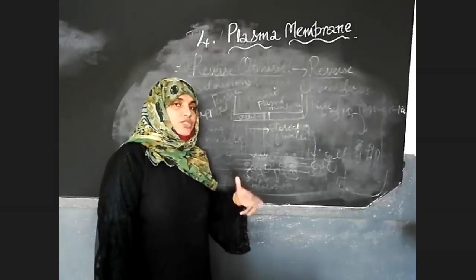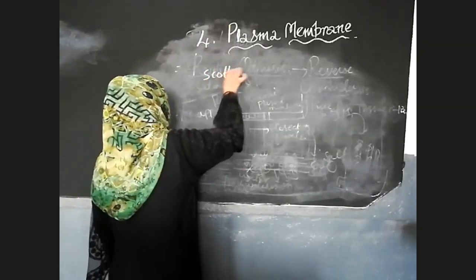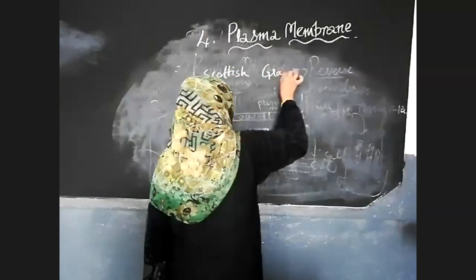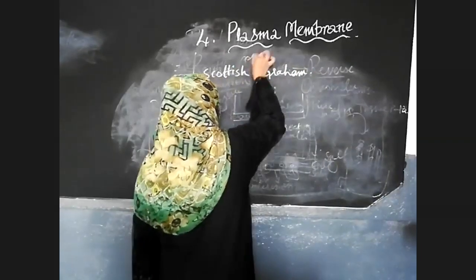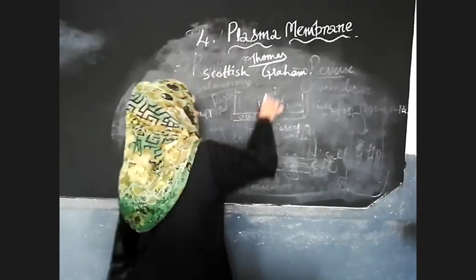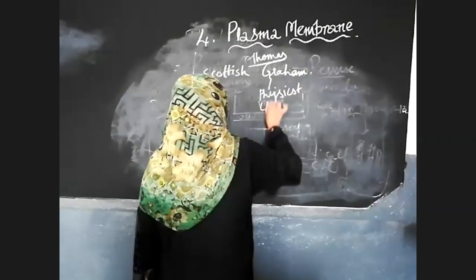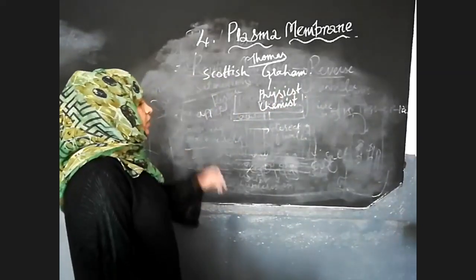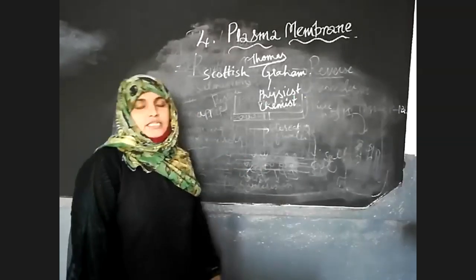So who was the scientist who worked behind this? The scientist who worked behind this is a Scottish man called Thomas Graham. He was a physicist as well as a chemist, meaning he studied both chemistry and physics. He worked on the diffusion of different gases and found that the rate of diffusion of different gases is different.